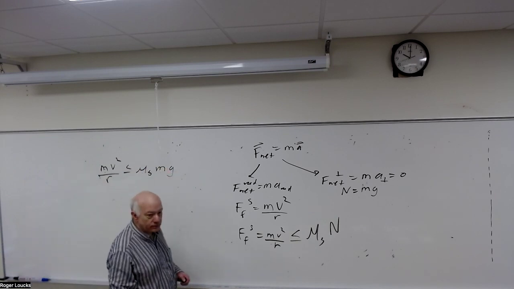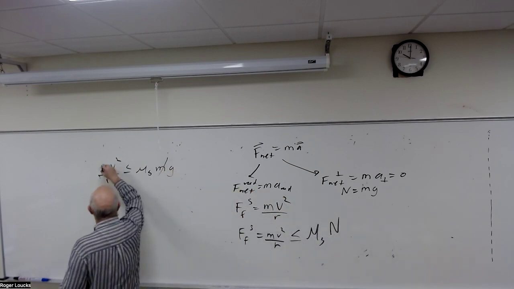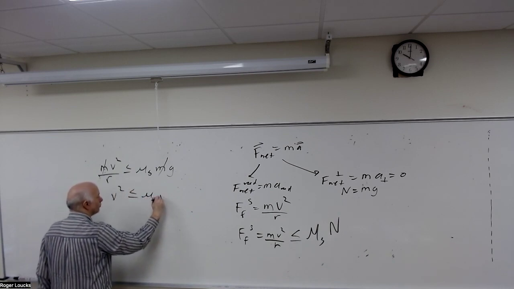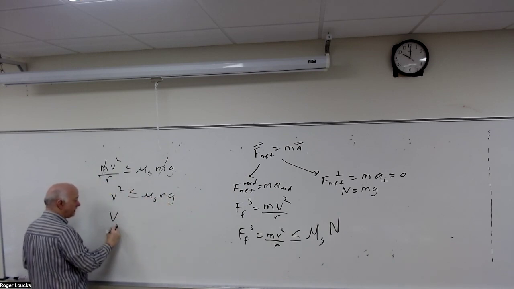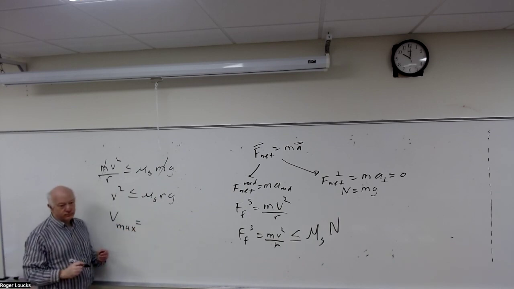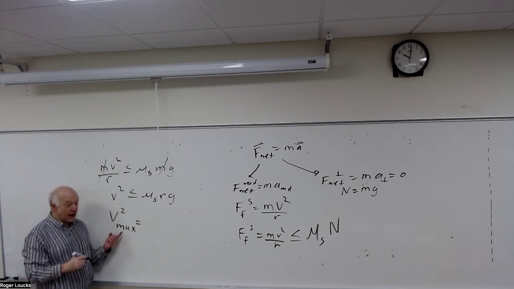What nice thing happens? The m's cancel. And take over my r. So what is my v maximum speed? It has to be the equality.